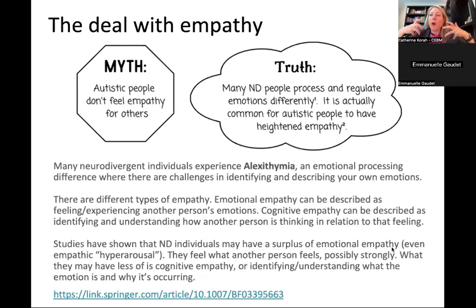And so they are hyper-aroused by the stimuli coming from the emotional empathy vis-a-vis the other person. So they feel what another person is feeling, possibly quite strongly, overwhelmingly so. And what they may have is less cognitive empathy, or being able to identify or understand what the emotion is about and why it's occurring. And so I put down here the link to the study that spoke to this.